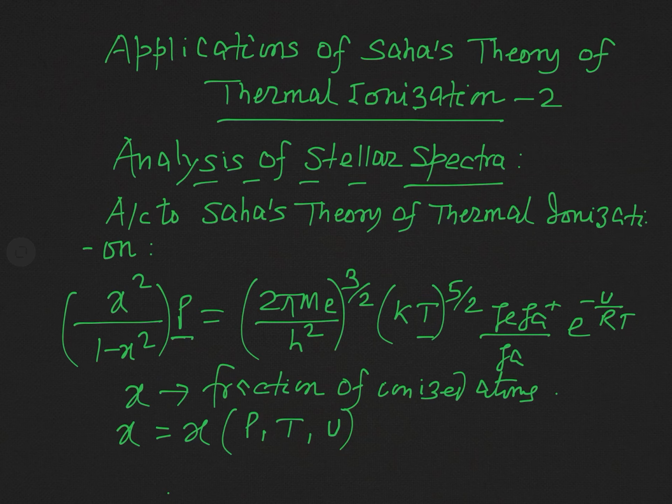It means whenever P increases, ionization decreases. And the third factor U: if U is larger, this exponential factor will be smaller, and in that condition the ionization will be smaller. So larger ionization results for a smaller value of U.